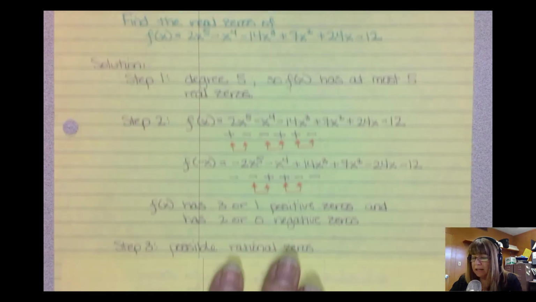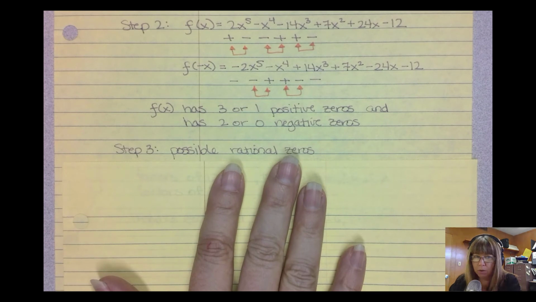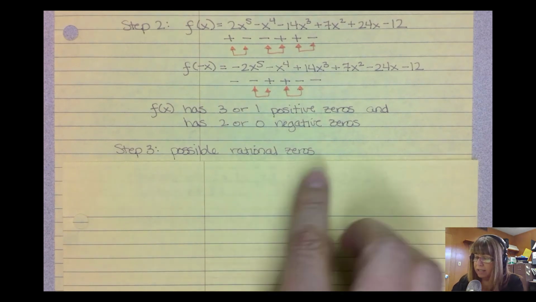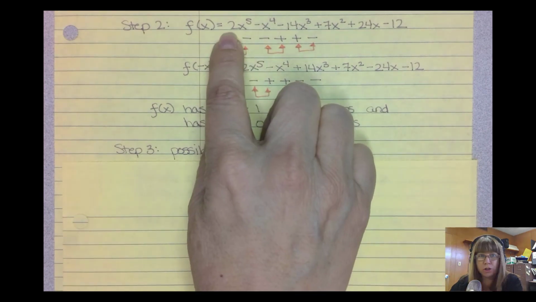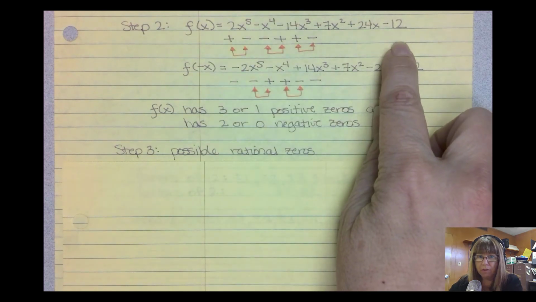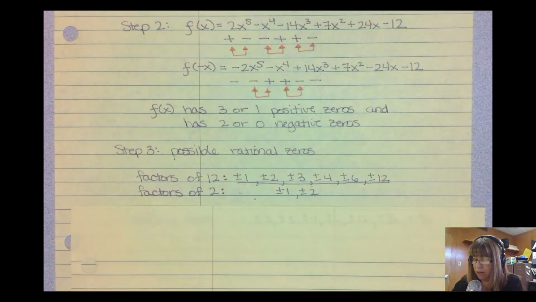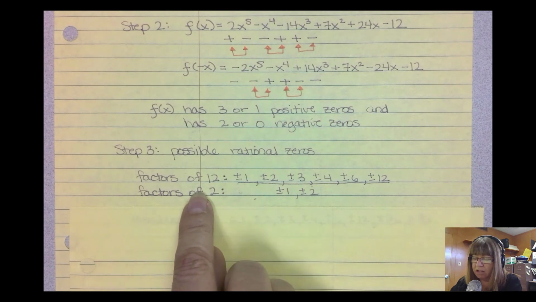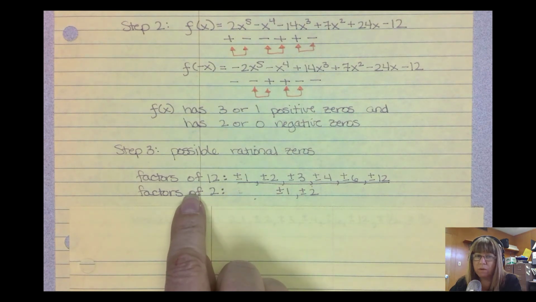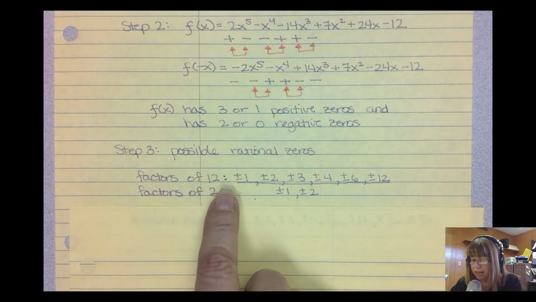Step 3. Let's figure out, well, what are those possible rational zeros? We're going to take our 2 and our 12, and we're going to factor them. When we factor them, the factors of 12 are going to be 1, 2, 3, 4, 6, and 12, both the positives and the negatives.